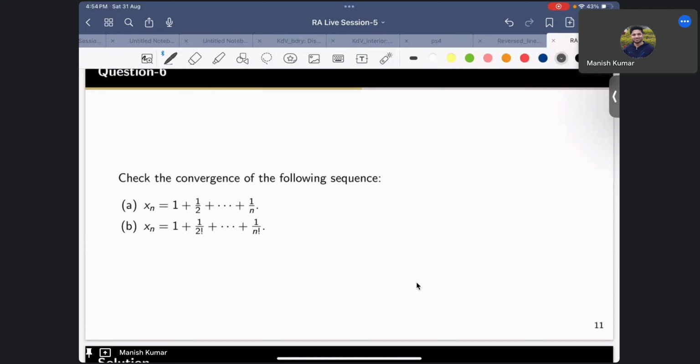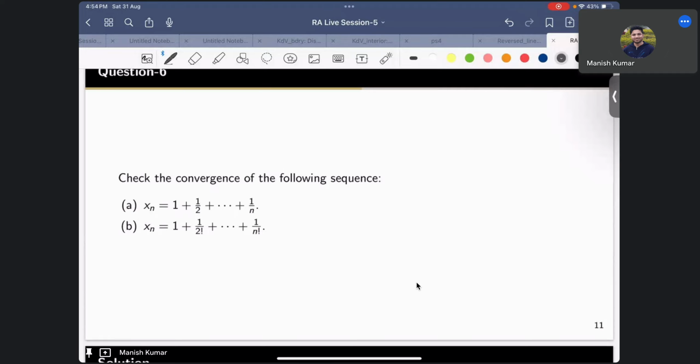So what is the definition of convergence of a series? The series summation xn, n equal to 1 to infinity, is said to be convergent if the sequence of partial sums Sn, which is just summation xn from n equal to 1 to capital N, is convergent.